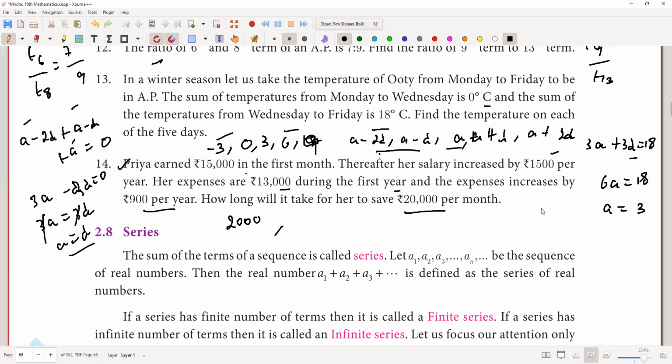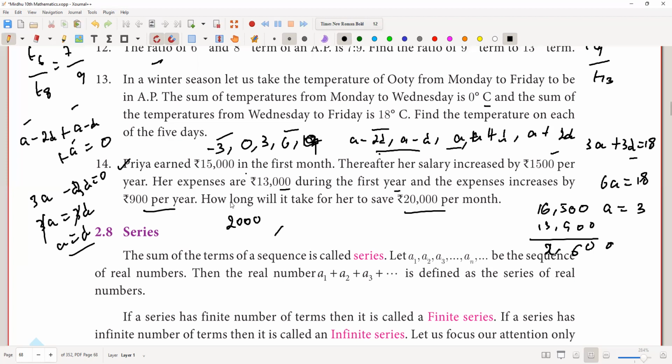Expenses increased by 900, 13,900. 16,500 minus 13,900, 2,600 savings next year. The difference is 600. So next year it will be 2,600.